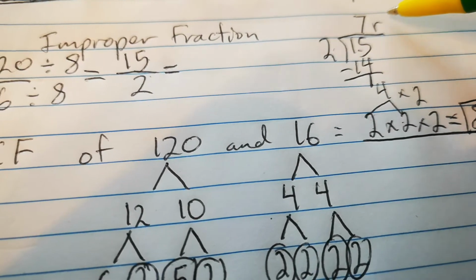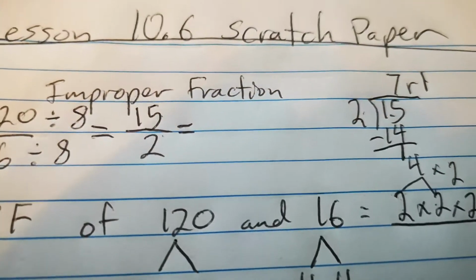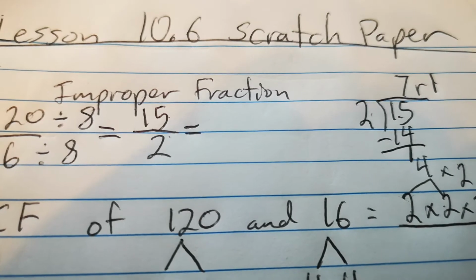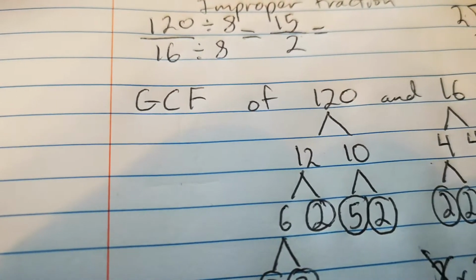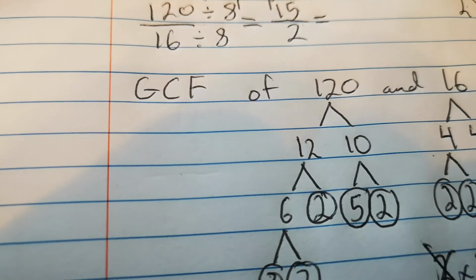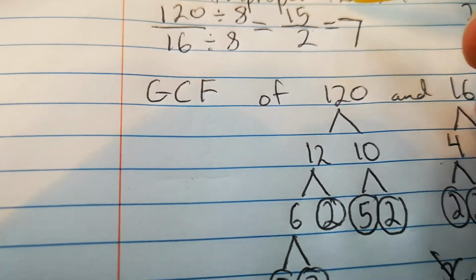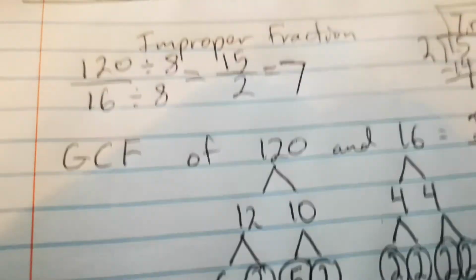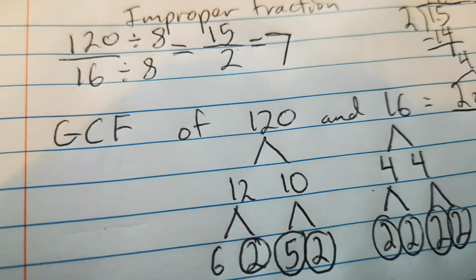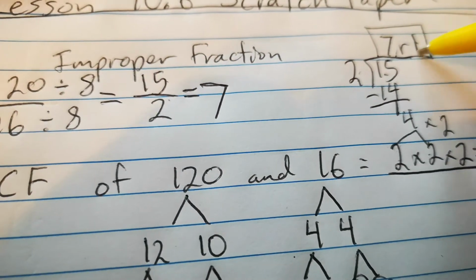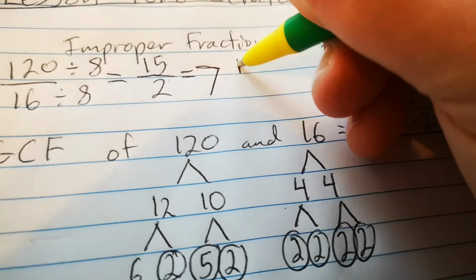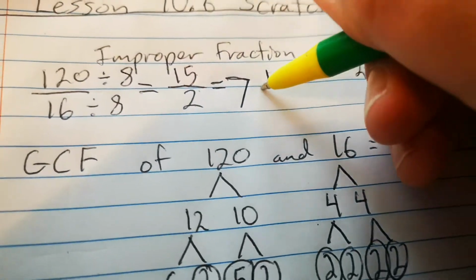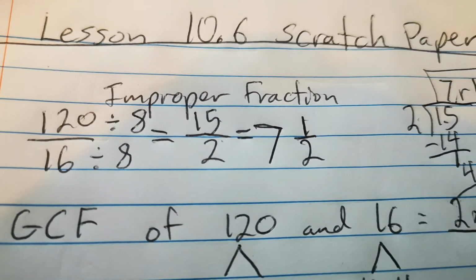And I can remember when I'm dealing with fractions and I have a remainder, so this is my whole number. The 7 is my whole number because, again, it's an improper fraction. There's wholes. I take out 7 wholes. Whatever's remaining, 1, is my numerator, and 2 stays the same.